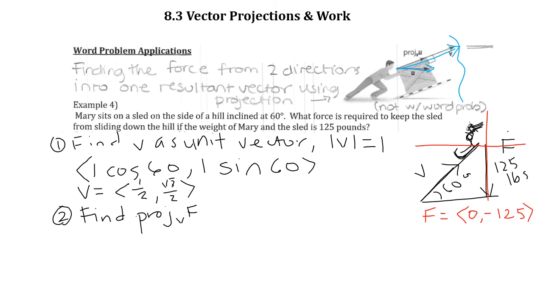Okay, so back to our problem here. We're finding the projection. And you find that we need the dot product of F dot V. So we're going to do that. F dot V means 0 times 1/2 and negative 125 times the square root of 3 over 2.